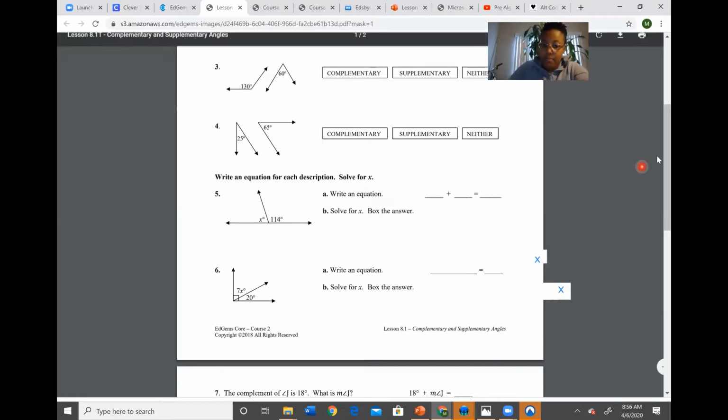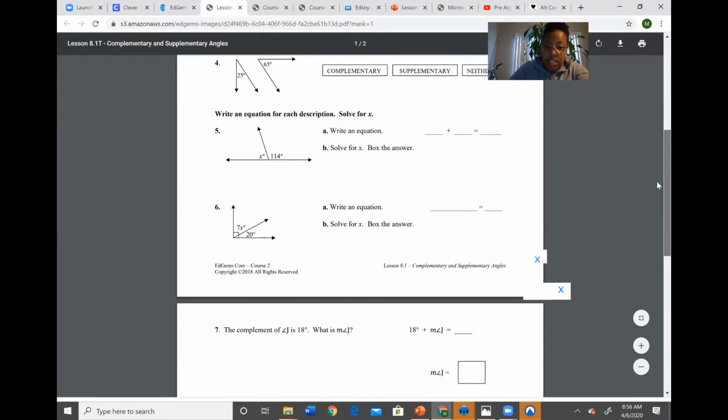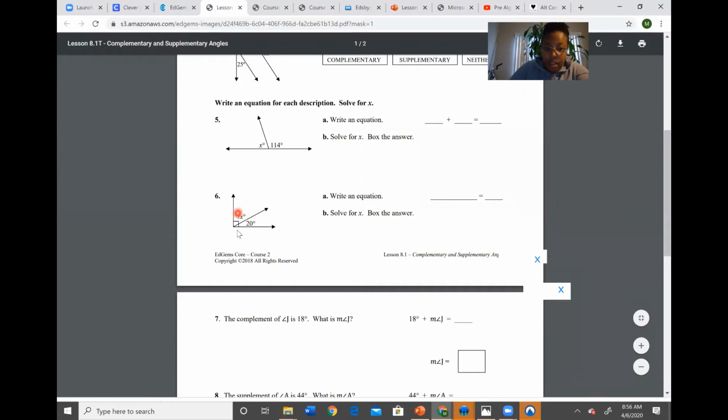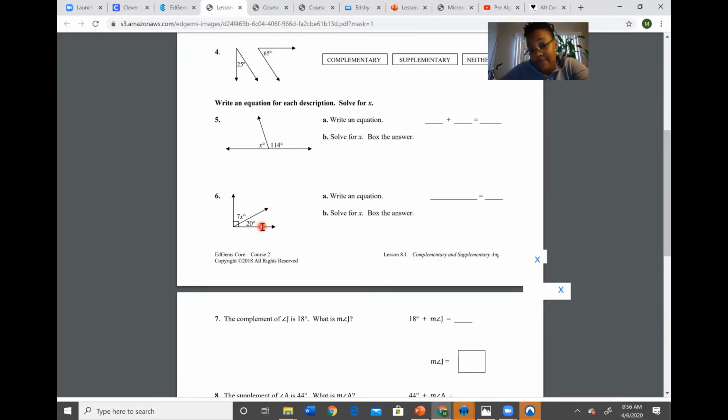All right, number 6 is a little tricky because you still have to figure out something. So your equation is going to look a little different. It's a 2-step equation. Write it out like you would have written the other ones.